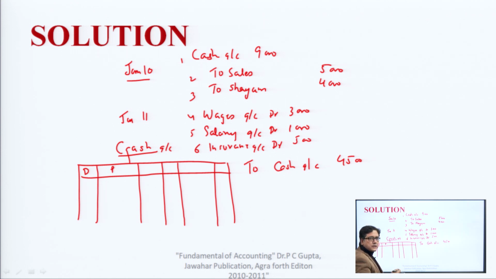I will intentionally leave out the ledger folio to avoid the space problem. Amount, DR, debit side, date, particulars, and credit side amount. Friends, we have two separate entries of cash, cash here and cash here.